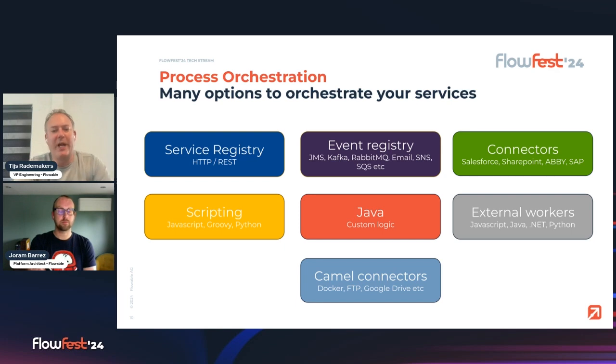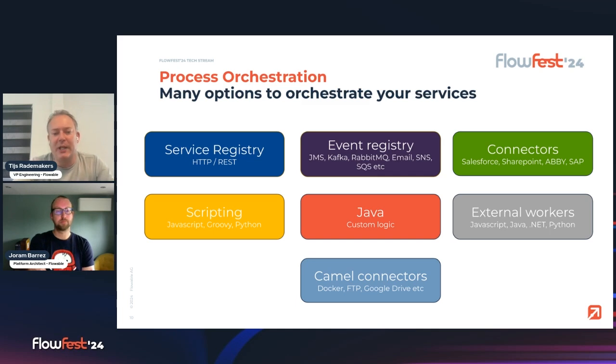So Flowable is waiting until a certain piece of work is completed, and you can then implement an external worker in any language as you want, JavaScript, Java, .NET, Python, or another language that connects to Flowable, pulls in the work that's available for the external worker and executes it, and then gives back the result to Flowable. So also a very interesting way to work with your services.